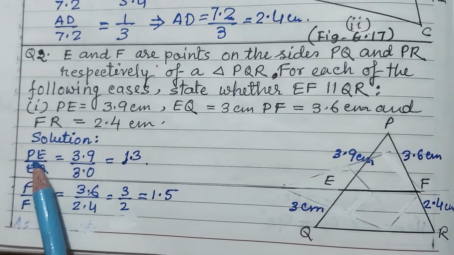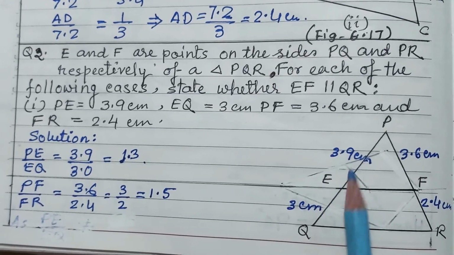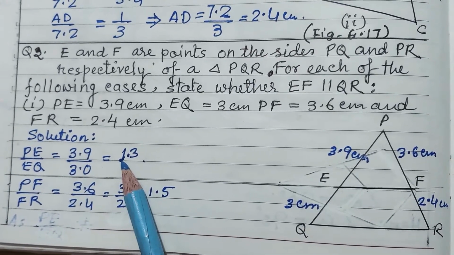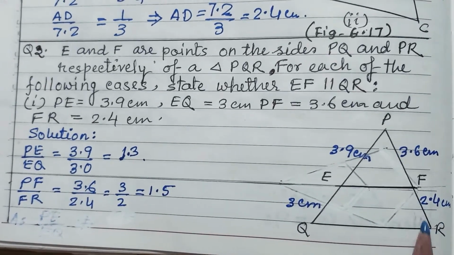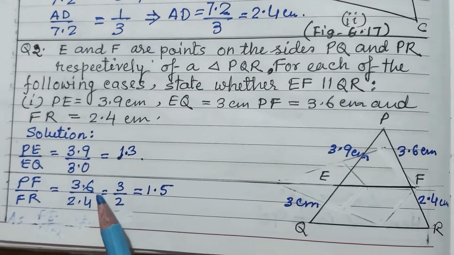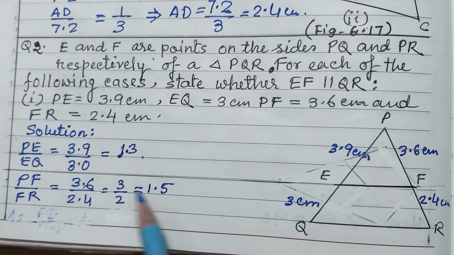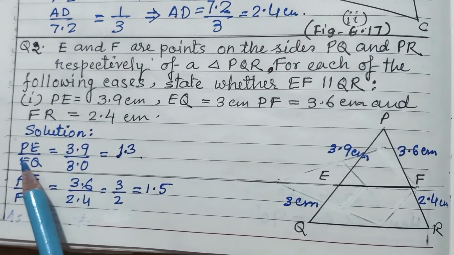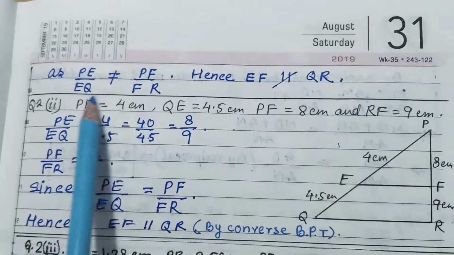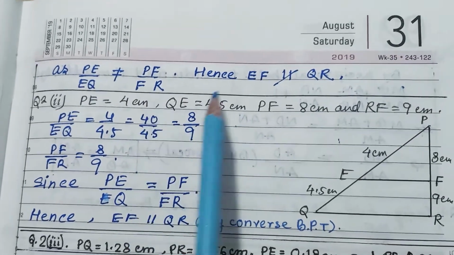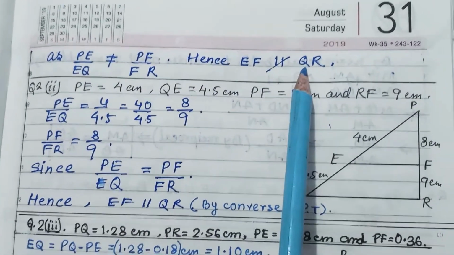Now in the solution, PE upon EQ is equal to 1.3 and PF upon FR is 1.5. These two are not equal, therefore PE upon EQ is not equal to PF upon FR. Therefore, they are not parallel.